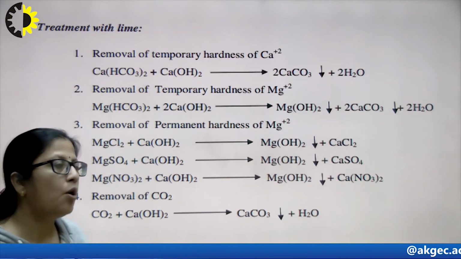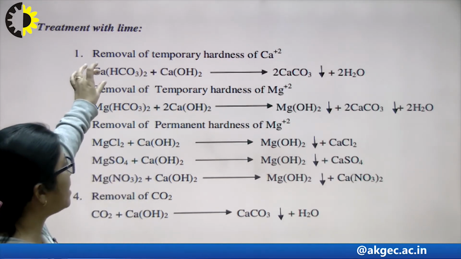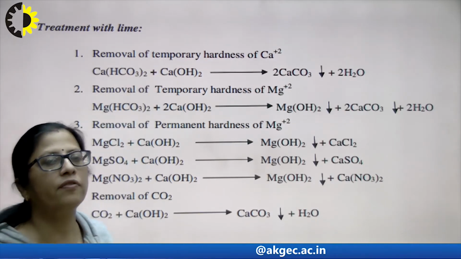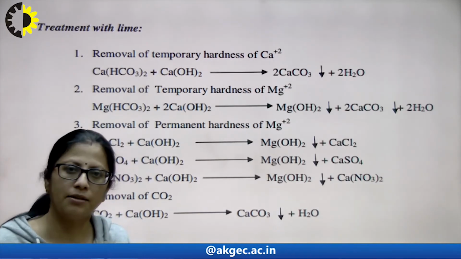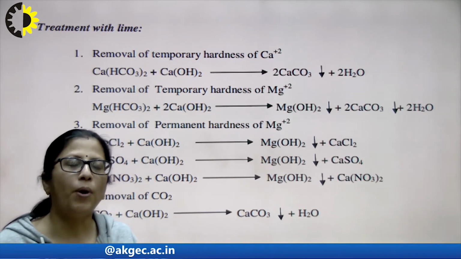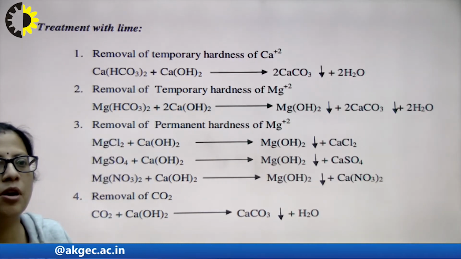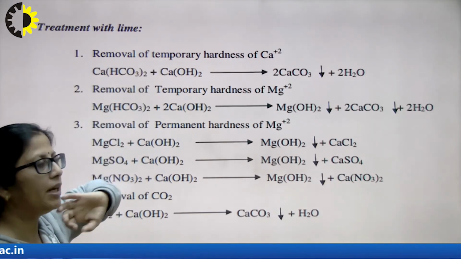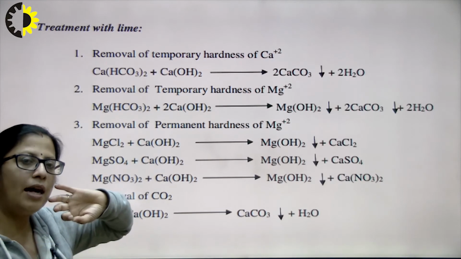That means 162 grams of calcium bicarbonate requires 74 grams of calcium hydroxide for its neutralization, or 162 milligrams of calcium bicarbonate requires 74 milligrams of calcium hydroxide.